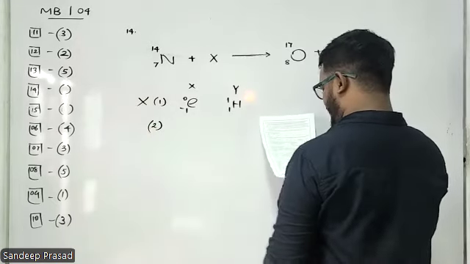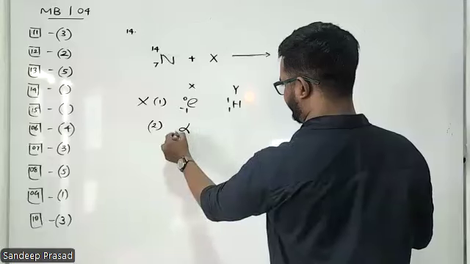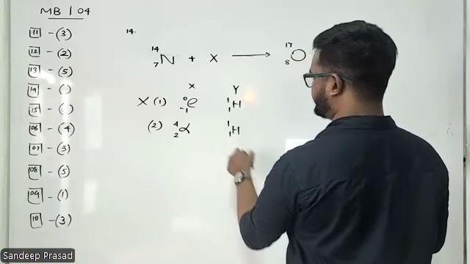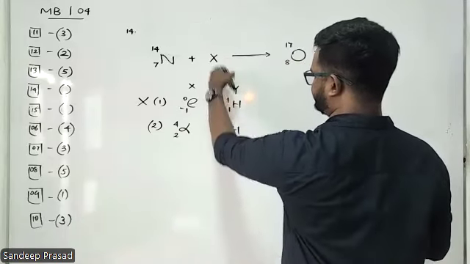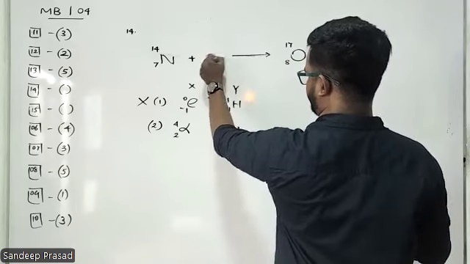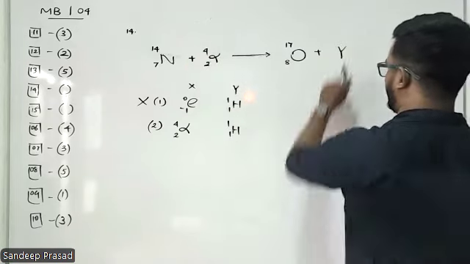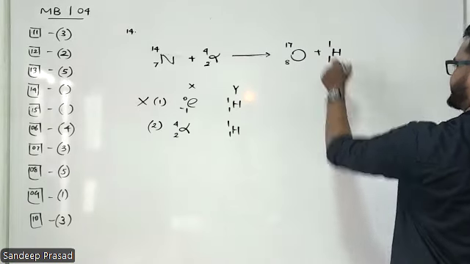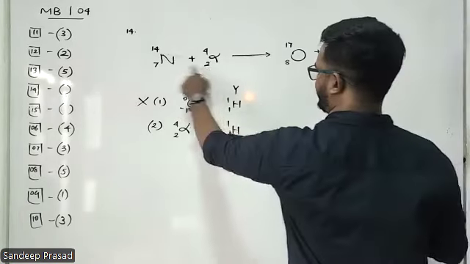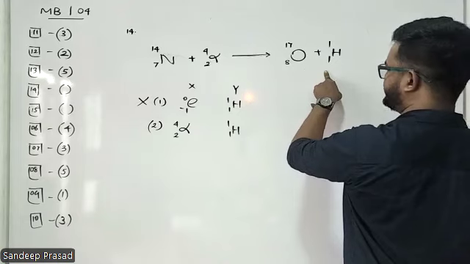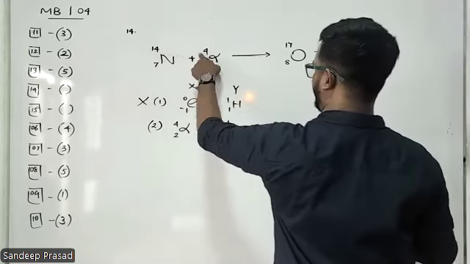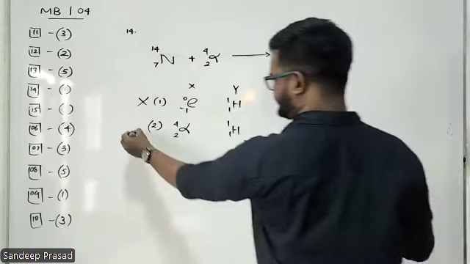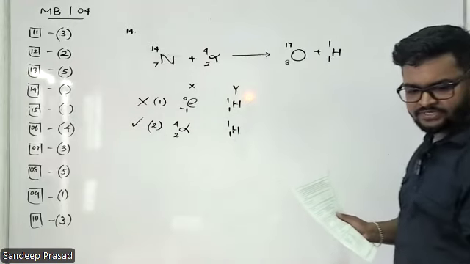Second one, alpha particle and hydrogen. Alpha 2 4, hydrogen 1 1. Is it balancing properly? 9, 9. 14 plus 4 is 18. Yeah, that's correct. Second one is correct.